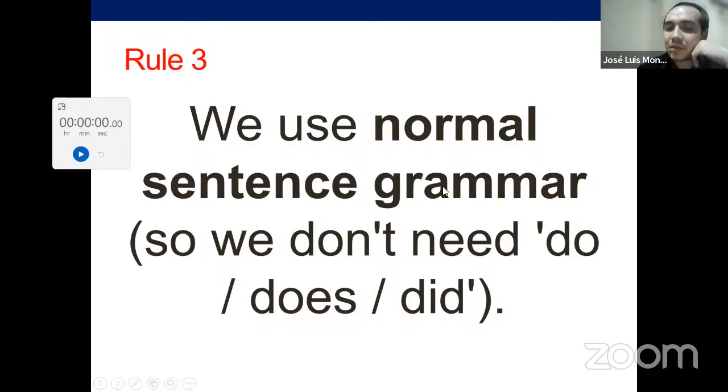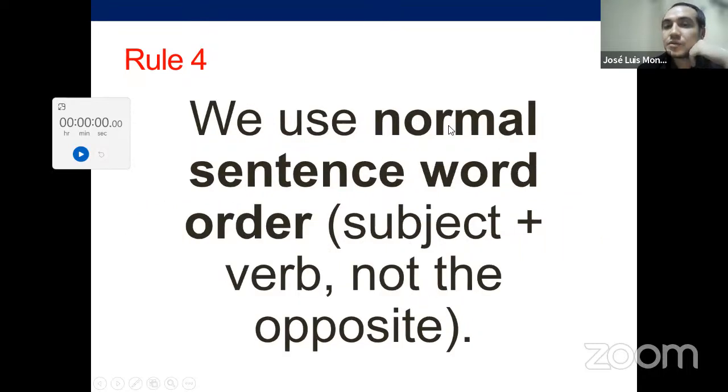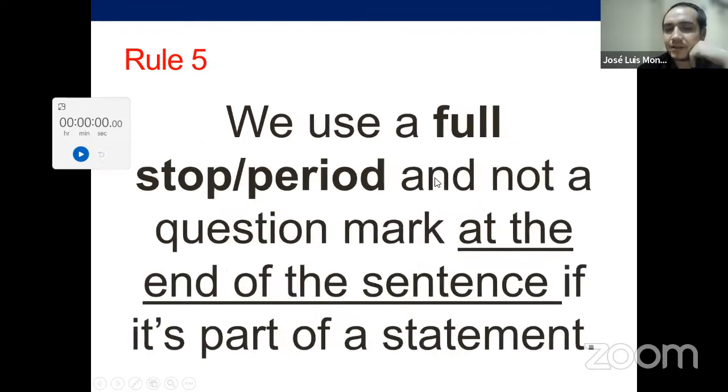Normal sentence grammar, we don't need do, does, and did. We use normal sentence word order. It means subject, verb, it can be auxiliary. It can be subject, auxiliary, sometimes, verb, and not the opposite, right?